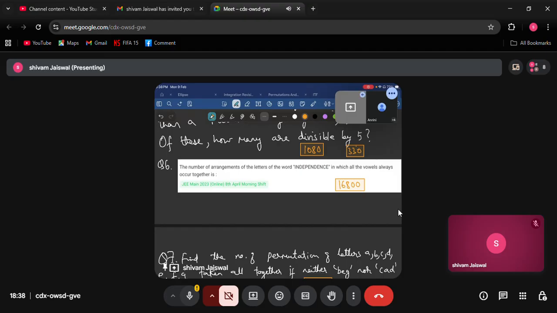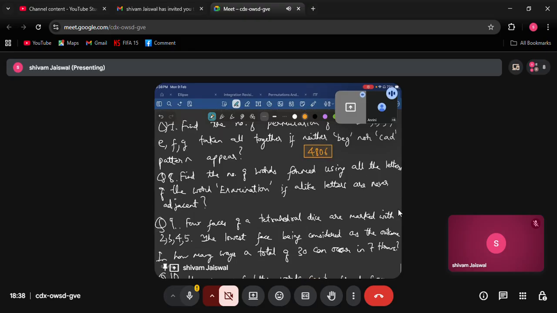Over here the answer is 11 factorial divided by 2 factorial whole cube, minus 3 into 10 factorial divided by 2 factorial whole square, plus 3 into 9 factorial by 2 factorial, minus 8 factorial, using inclusion exclusion.